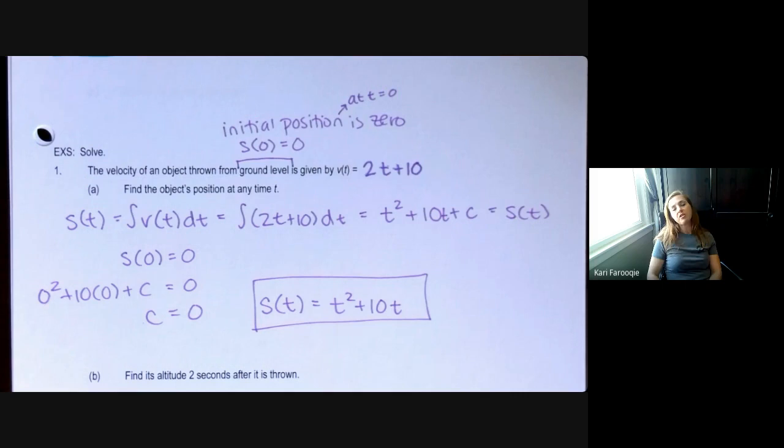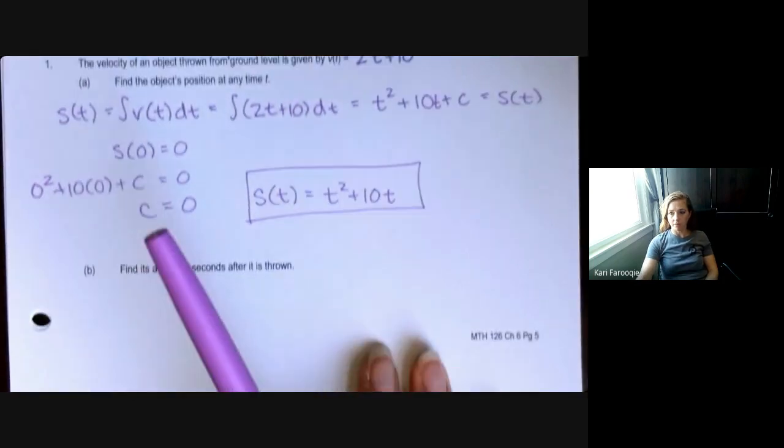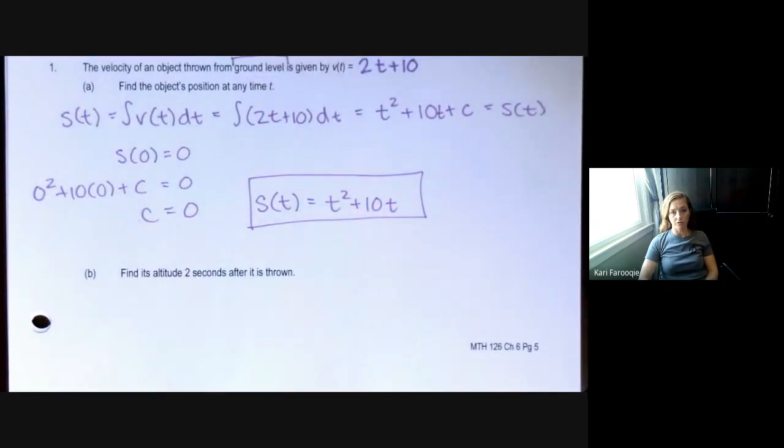So the position of the object at any point in time t is given by t squared plus 10t. Now we're going to use this to find the position 2 seconds after it's thrown. When you're being given altitude, remember we think generally of the position as being like a height.